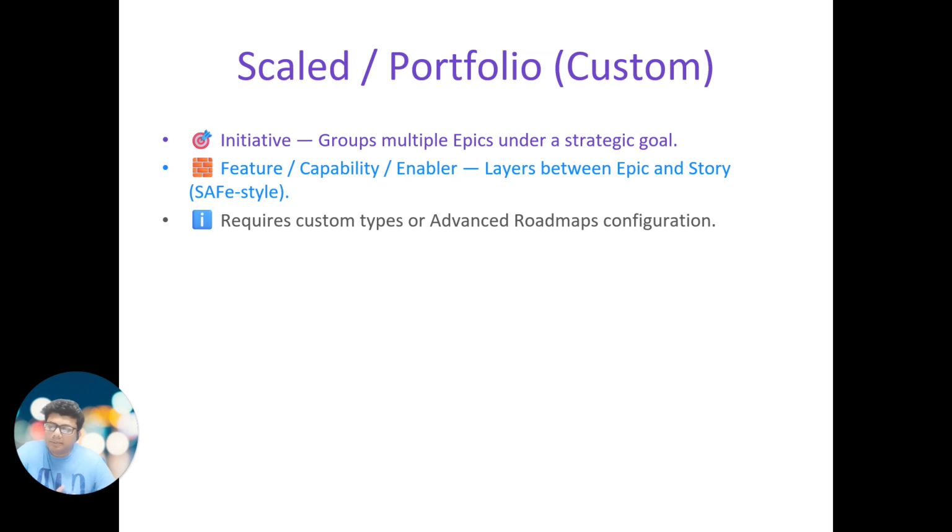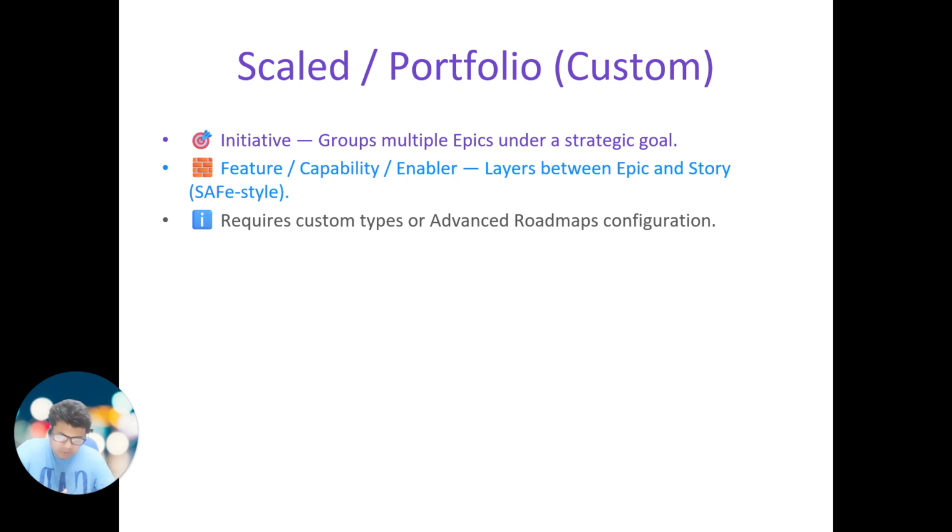So initiative means multiple epics come under the initiative. Maybe an initiative can be 6 months of work, right? So we create multiple epics, and by completing those multiple epics, a particular initiative will be completed. Another is feature, capability, enabler.